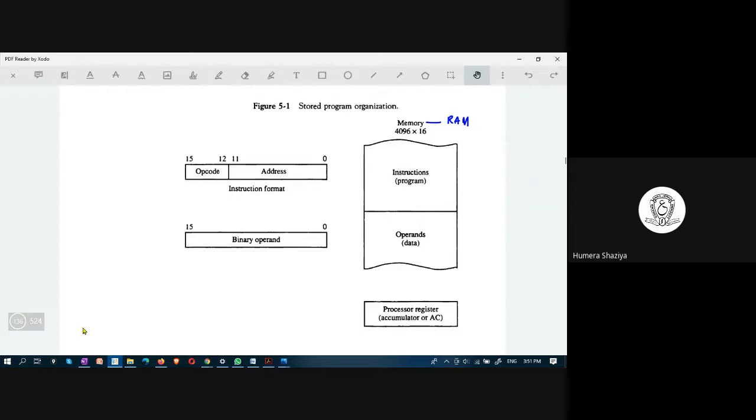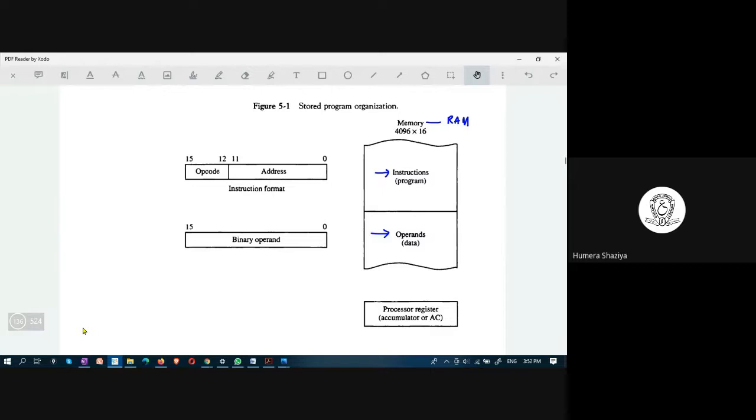The upper partition is for the instructions, which is nothing but the program. The lower partition is for the operands, which is known as the data. In RAM, our instructions are stored at the top portion and operands are stored at the lower portion.